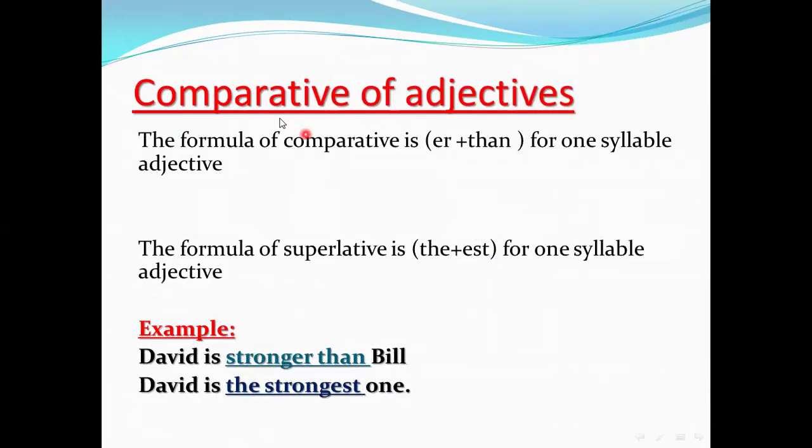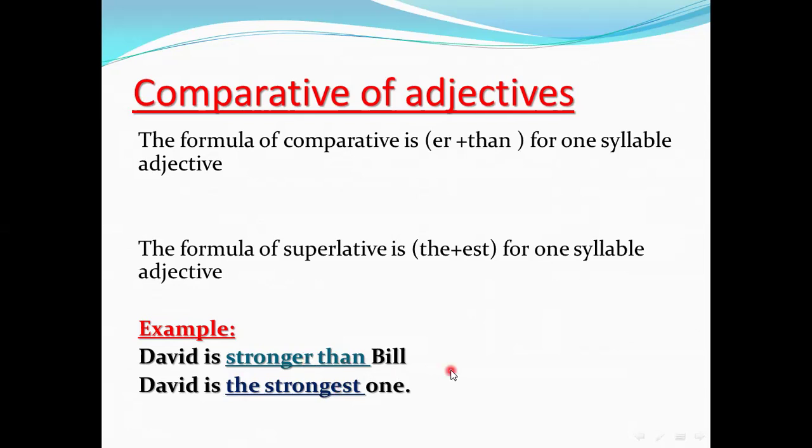We add er plus than to an adjective of one syllable, and the superlative adds est. Like we say, David is stronger than Bill. David is the strongest one. So here I put er, and I put est at the end of the adjective.